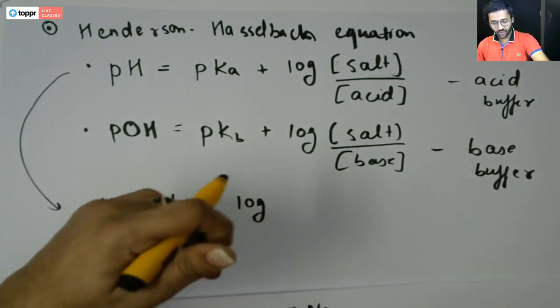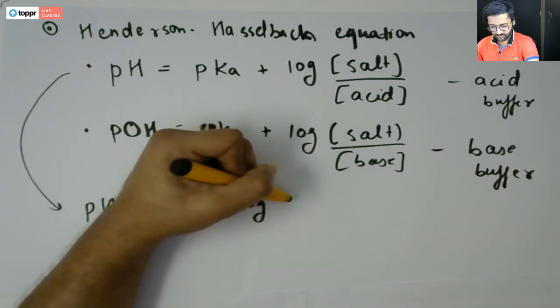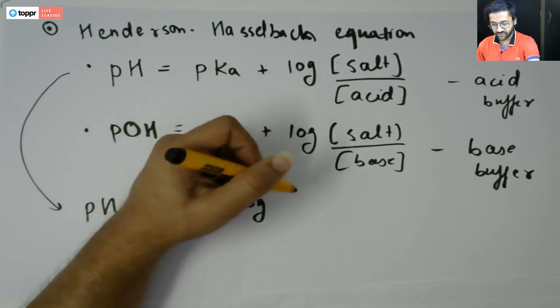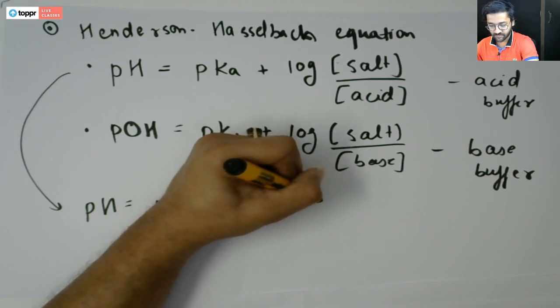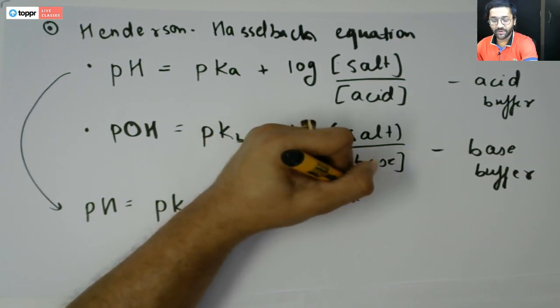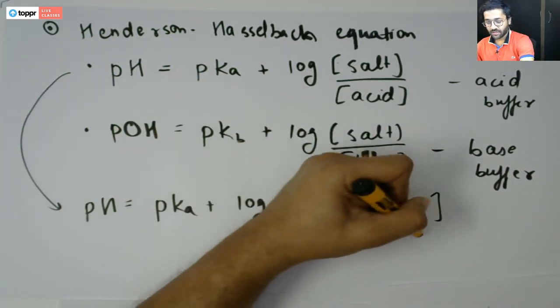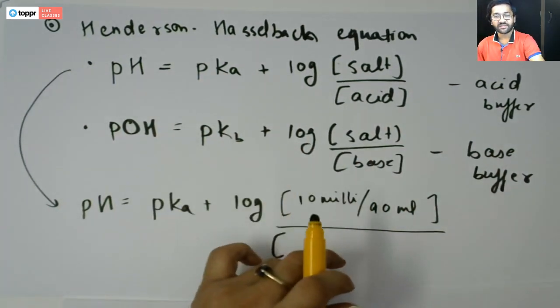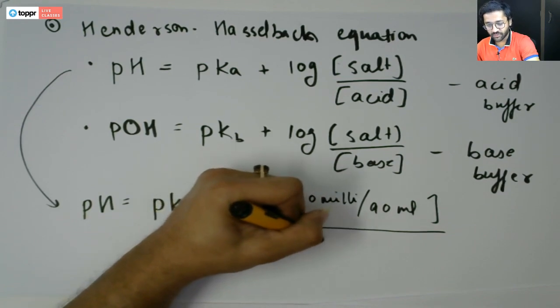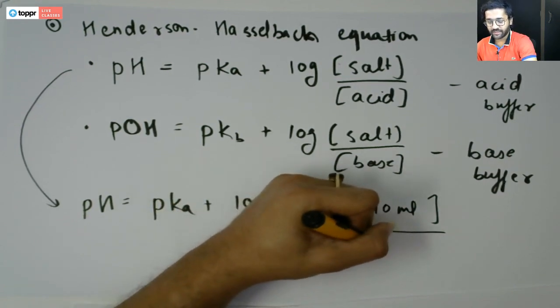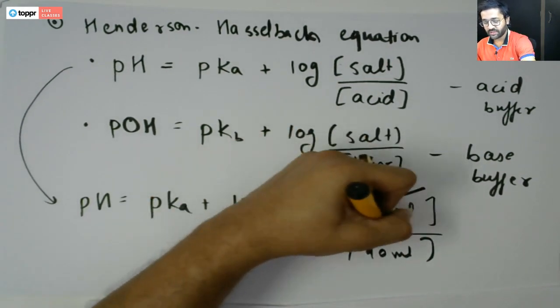Now the concentration of salt can be found as moles of salt, which were 10 millimoles in 90 ml of solution, divided by concentration of acid, which was again 10 millimoles per 90 ml of acid, which will come out to be 1.